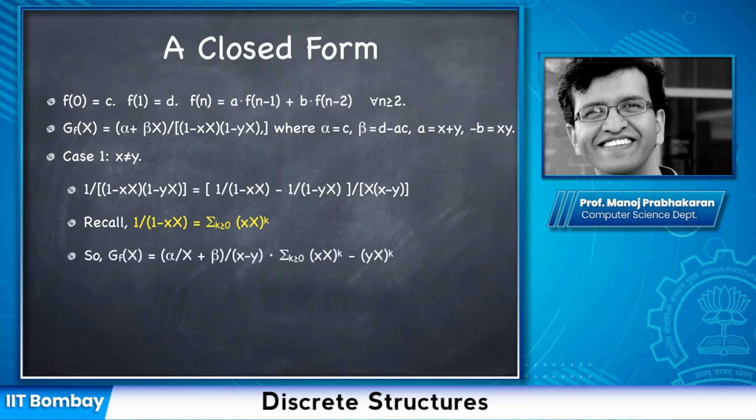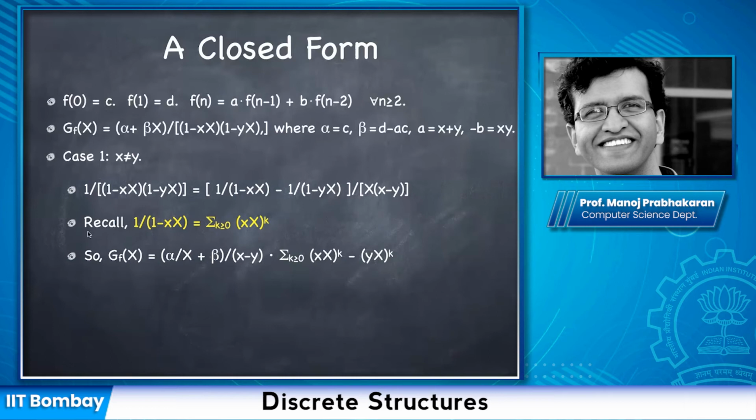So I just plug that into the expression here. So I have alpha, and there is a divided by x times x minus y. So that's why I have alpha divided by x plus beta divided by x minus y times the summation of xX to the power k minus yX to the power k corresponding to this.